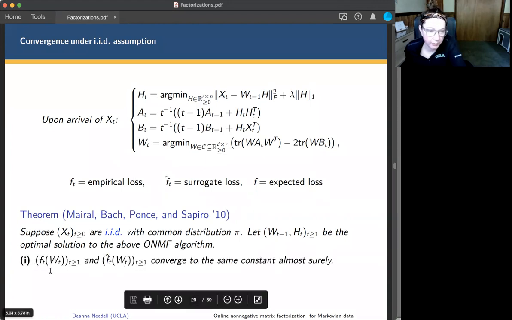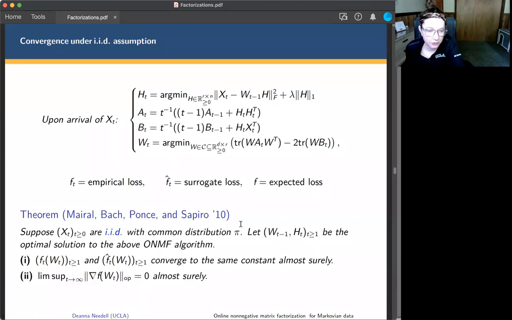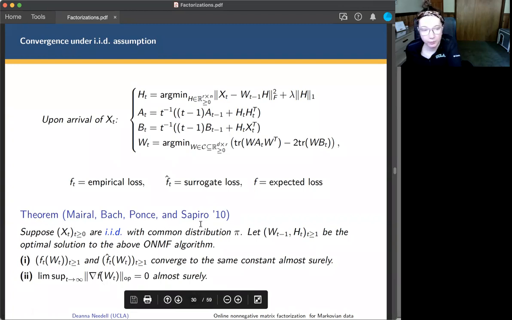The empirical loss and the surrogate function that we're building do converge to the same constant almost surely. So that's a reasonable surrogate to use. The gradient converges to 0 almost surely, which of course gives you some piece of the convergence. This was a nice result, and the method works very well.